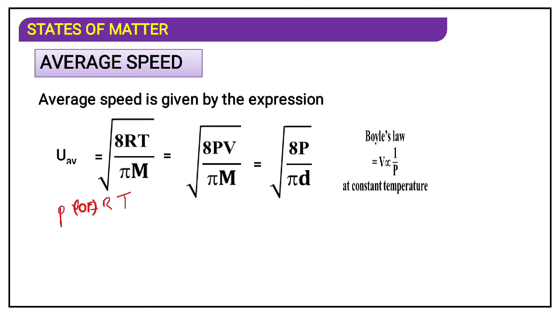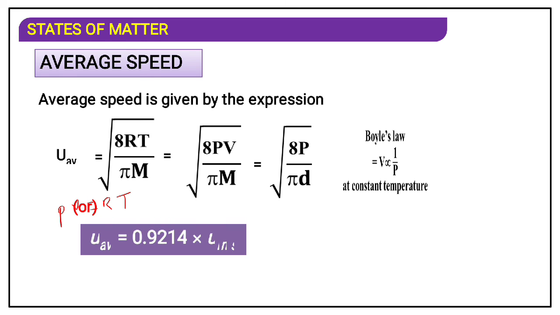Then a very important relation between U average velocity and RMS velocity: U average velocity equals 0.9214 into U RMS velocity. So when you multiply U RMS velocity with 0.9214, it becomes the U average velocity.